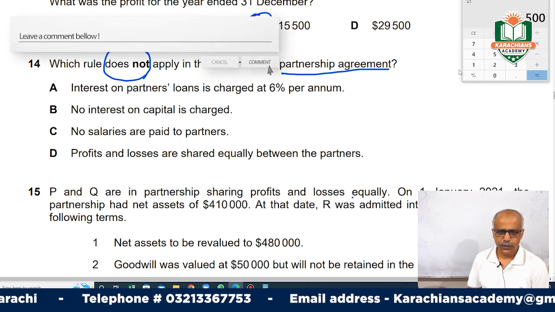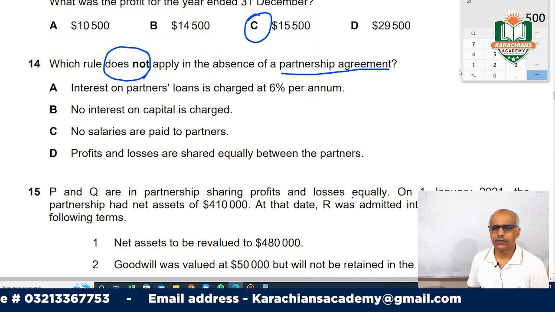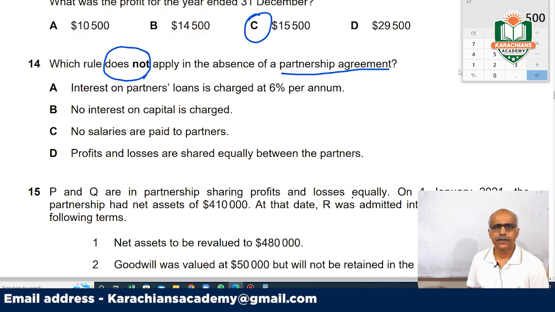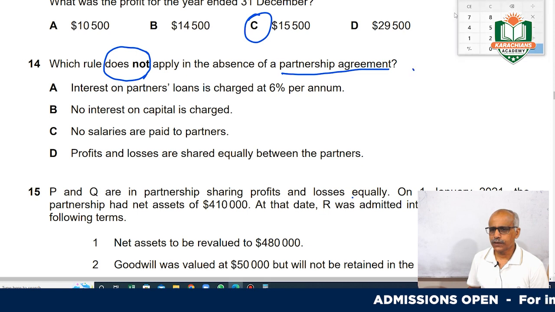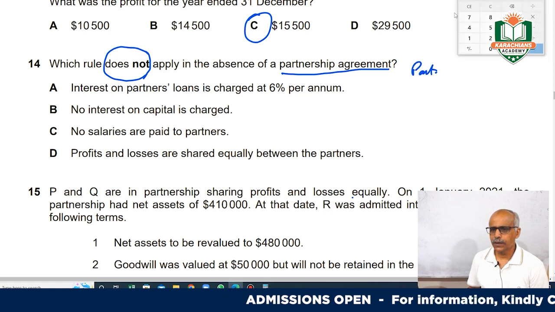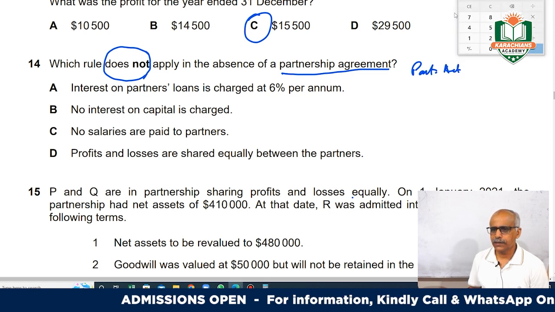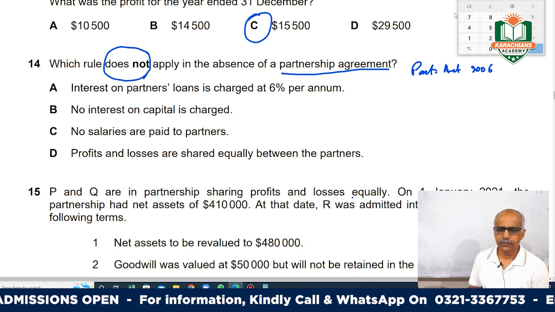If you remember, when you studied the partnership, you studied the Partnership Act 2006.